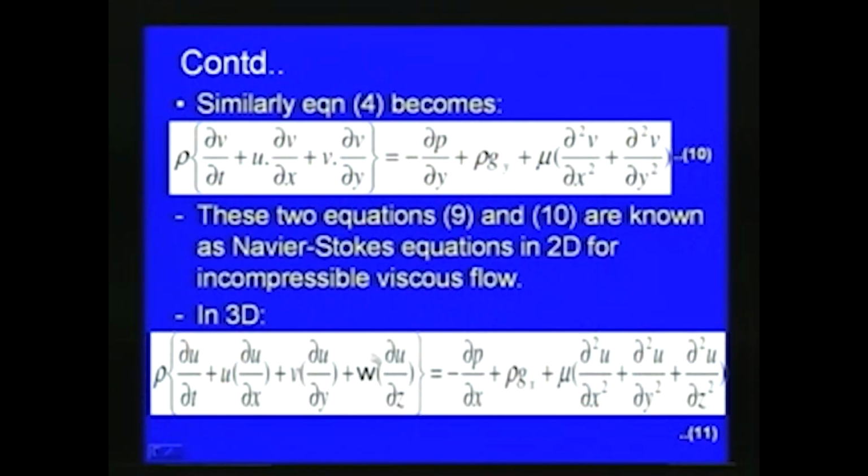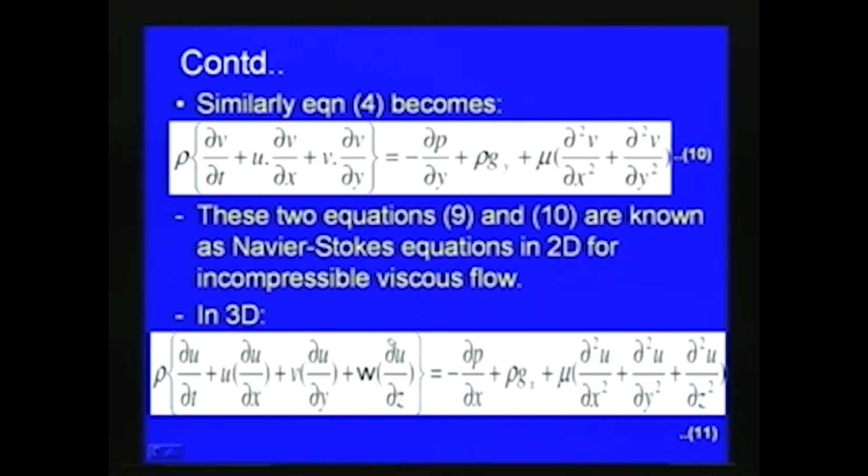In a very similar way we can derive for the 3 dimensional problem, and here I have just written the equations. ρ(∂u/∂t plus u ∂u/∂x plus v ∂u/∂y plus w ∂u/∂z) equals minus ∂p/∂x plus ρgx plus μ(∂²u/∂x² plus ∂²u/∂y² plus ∂²u/∂z²).